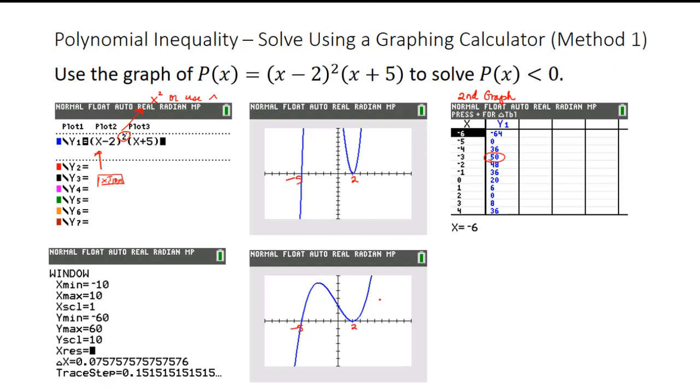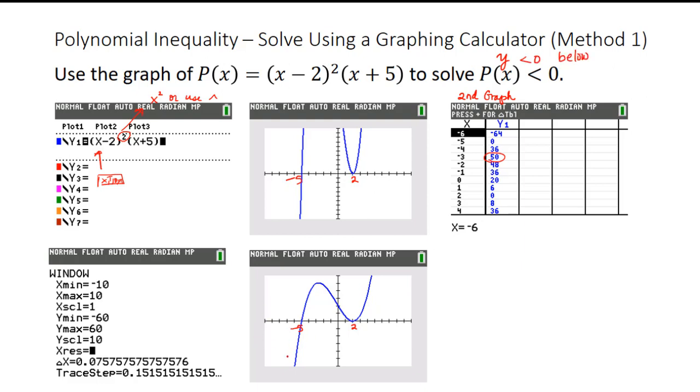But what am I really doing? The reason I'm looking at this graph is to figure out what region, or what interval of x, is below the x-axis, because I want to find out where y is less than 0, and that is below the axis.